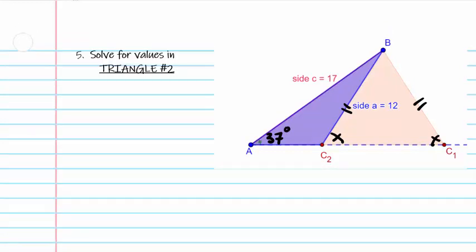And we already calculated angle C1. So I'll put that into my diagram. So that was 58.49. And therefore, angle BC2C1 is also 58.49.